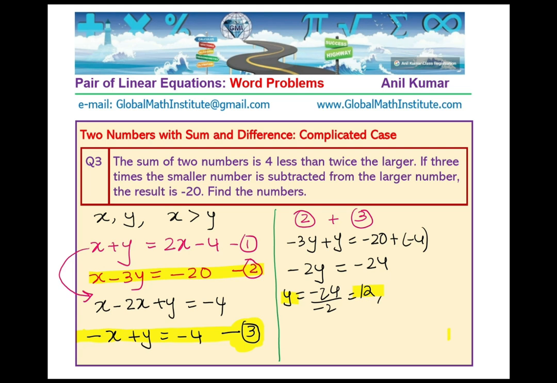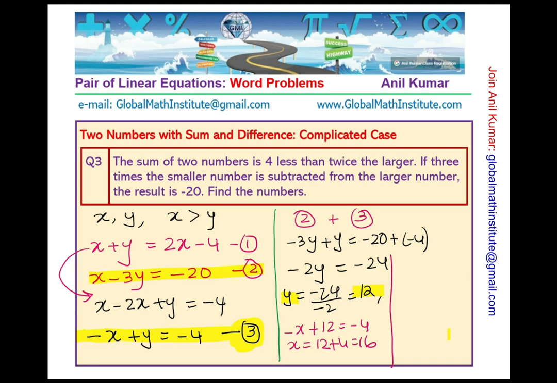We get minus x plus 12 equals to minus 4, or x is equal to 12 plus 4, which is 16. So larger number is 16, smaller is 12, right? So we get our solution. So let's write down our solution now, which is x equals to 16 and y equals to 12. Make sense? You can see the difference is 4.